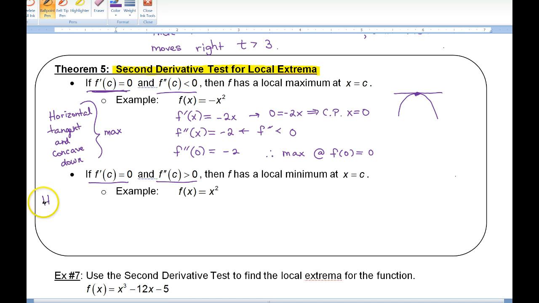And over here, let's say we have a horizontal tangent and it's concave up. Okay, so that's going to mean that we have a minimum. So that means we have a min. This one had a max.